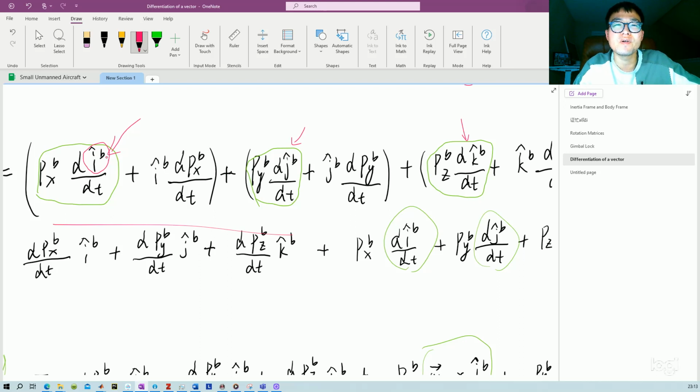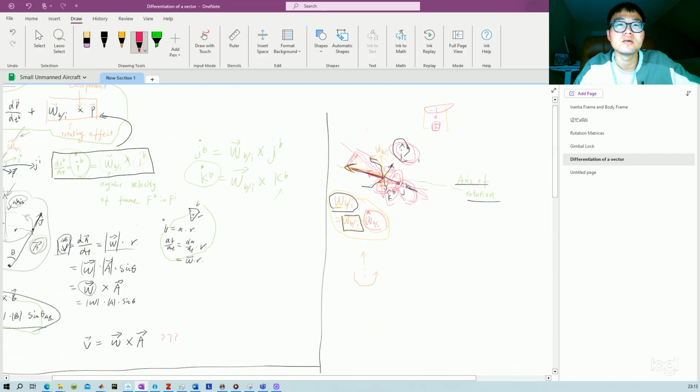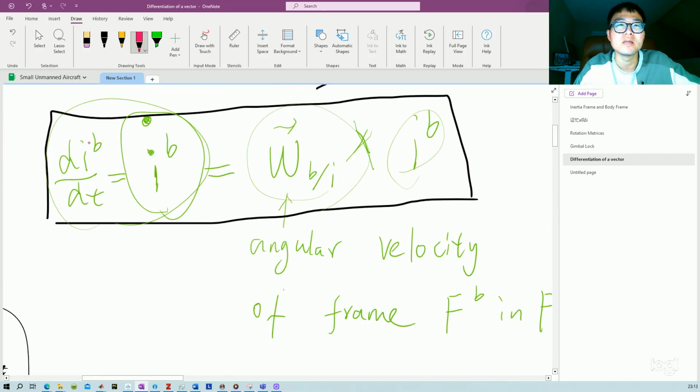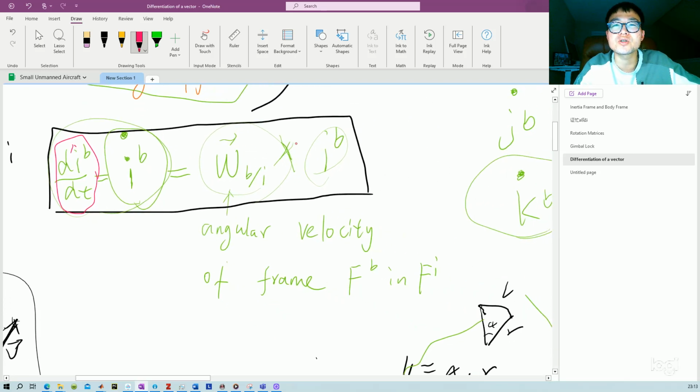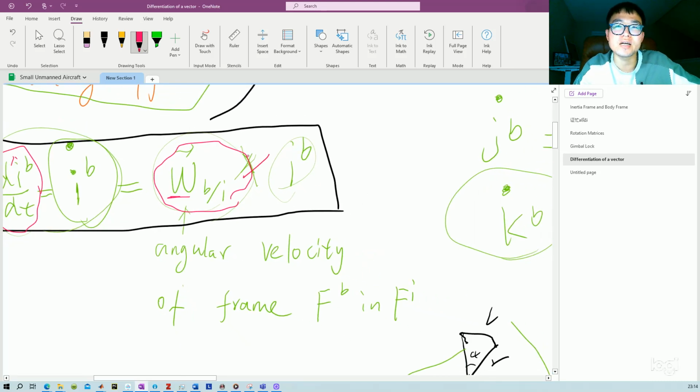When we take the time derivative of the body frame like that, in the last video we proved that the time derivative of this unit vector equals the angular velocity of the frame B in frame I, cross product with the unit vector itself.